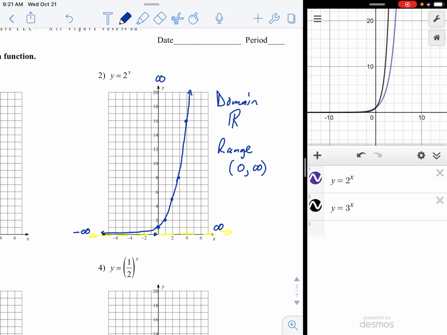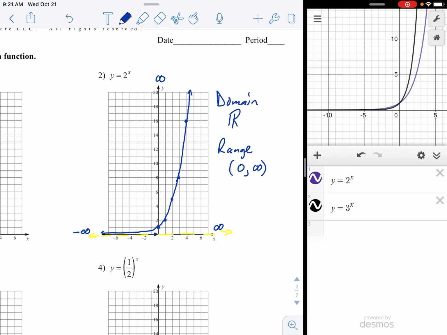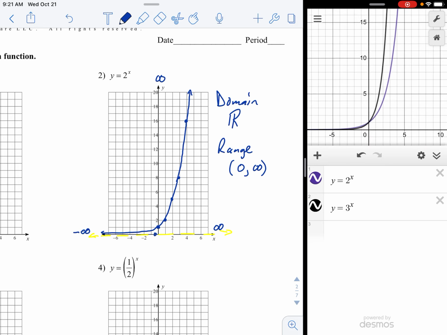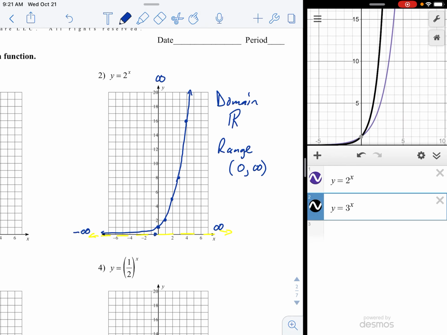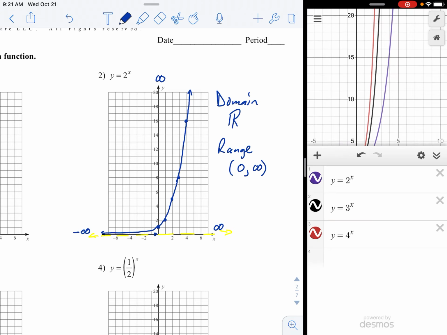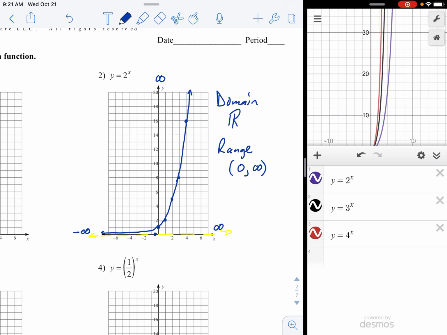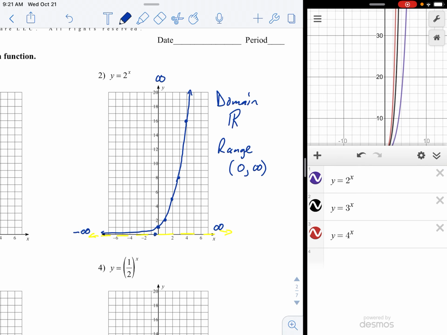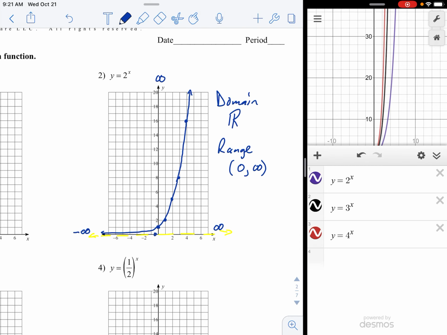It's just steeper. The left-hand side is very close. Slight difference. The right-hand side still shoots up, but it shoots up steeper. If we change it to y equals 4 to the x, basically the same graph, but it gets even steeper than that. So if you increase the base, it makes it steeper. Just keep that in mind.